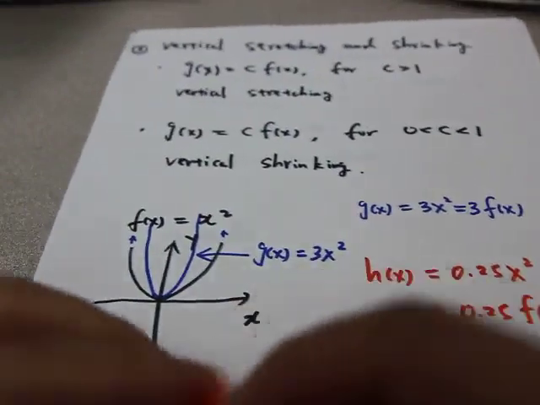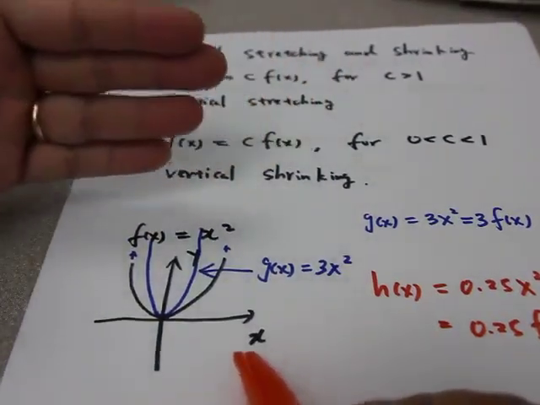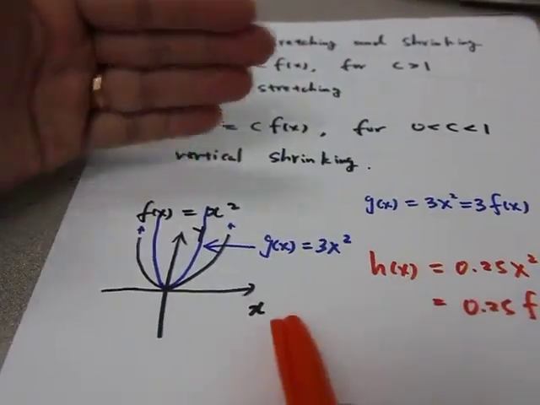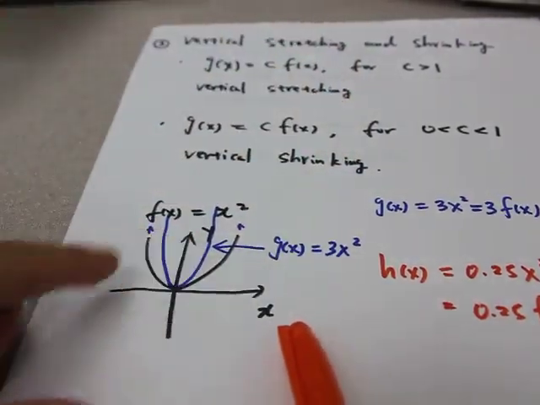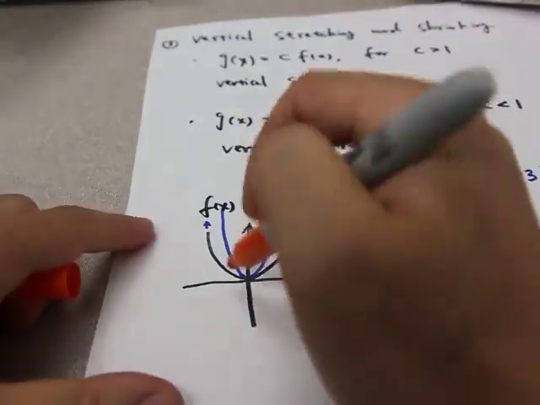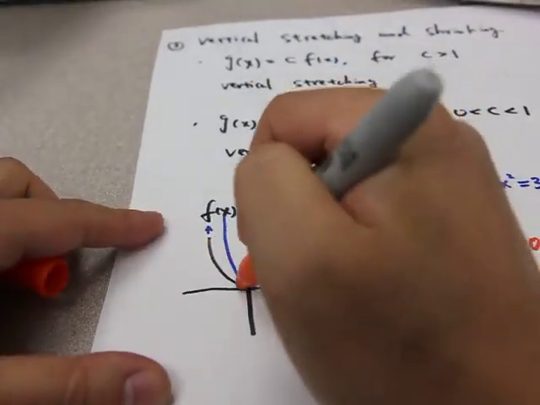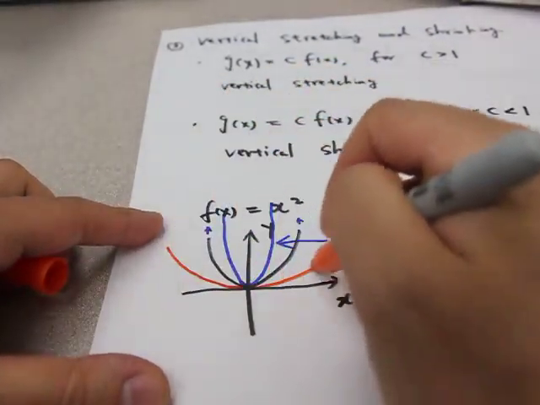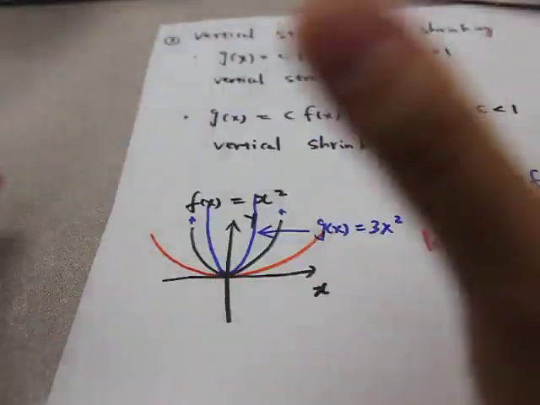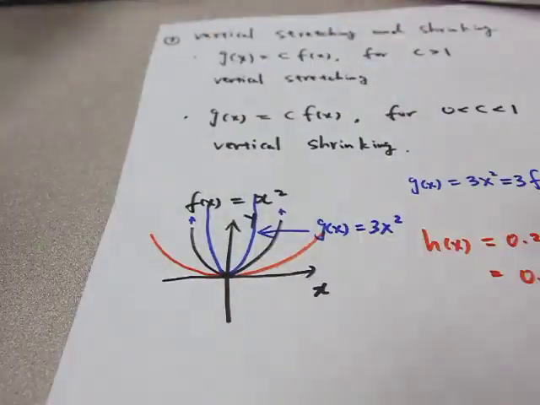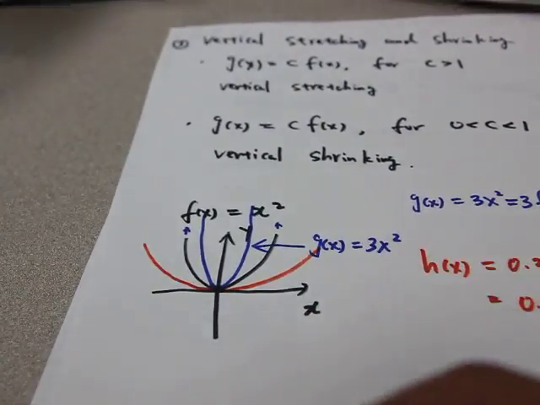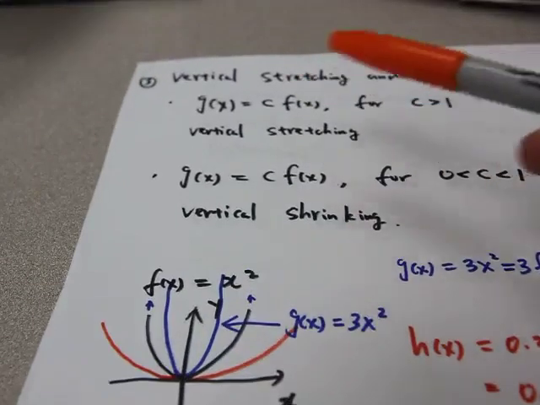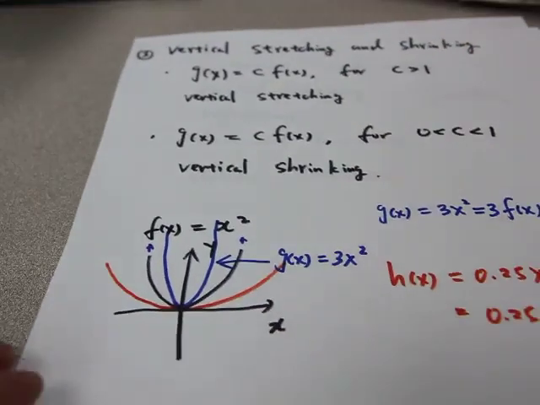So then to get the graph of h(x), we're going to shrink the graph of f(x). So this time the graph will be wider. Okay, will be wider. So this is what vertical stretching and shrinking mean.